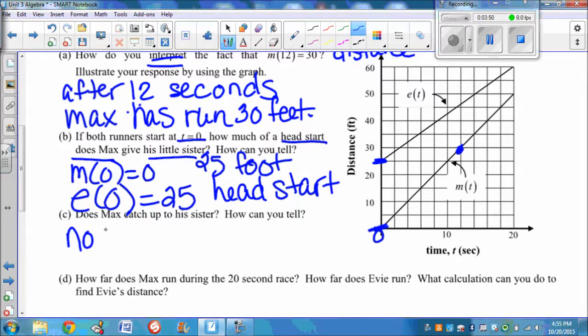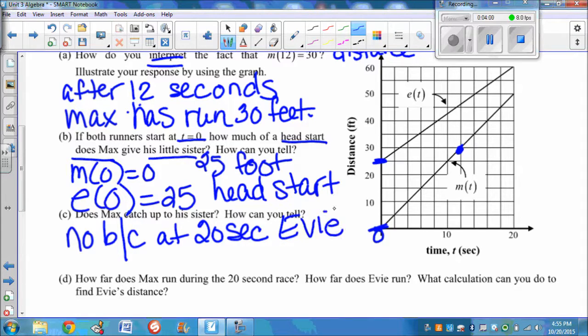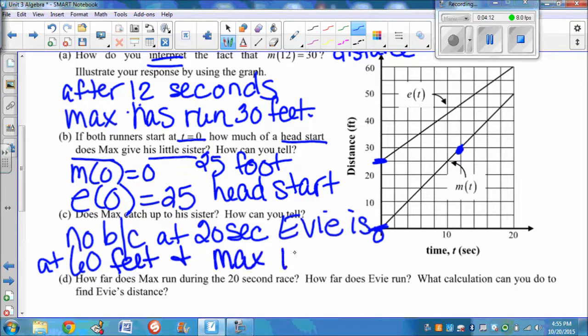No. Because at 20 seconds, Evie is at 60 feet, and Max is at 50 feet.